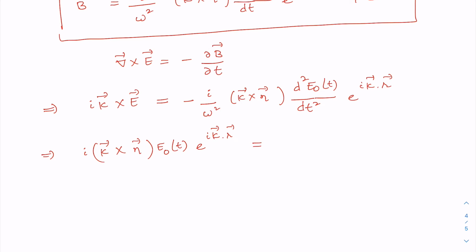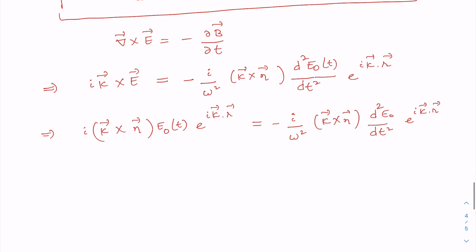And on the other side, I have minus i by omega square, k cross eta d2 E0 dt2 e to the power i k dot r.